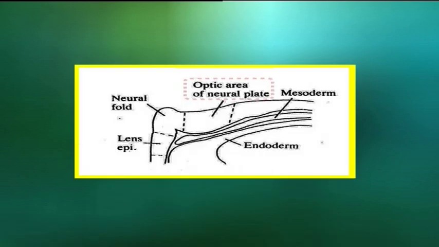Eye development. Eye development presents a typical pattern of a series of inductive events. The chordomesoderm, a primary organizer, induces the demarcation of the forebrain and the optic area within it.